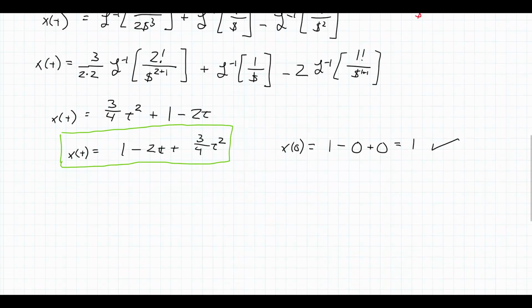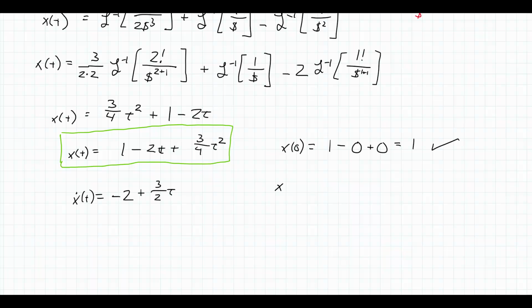So that's good. Let's look at x dot of t. Differentiating this, the first term 1 goes to 0. I have minus 2 plus, now I'm going to get here a 3 over 2 times t when I differentiate with respect to time.